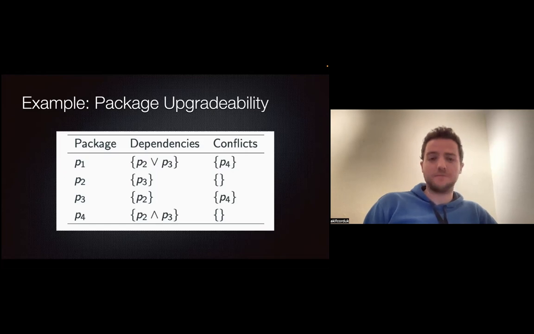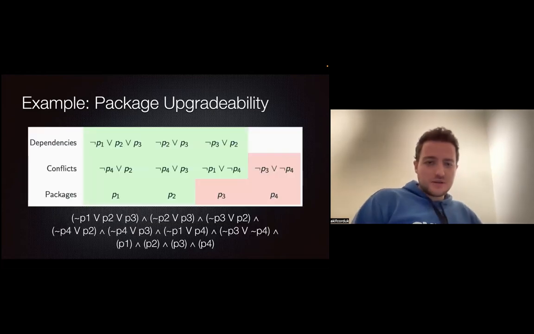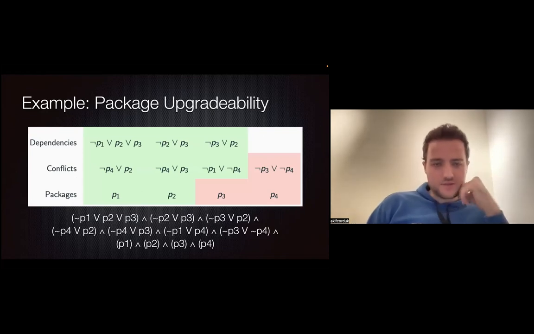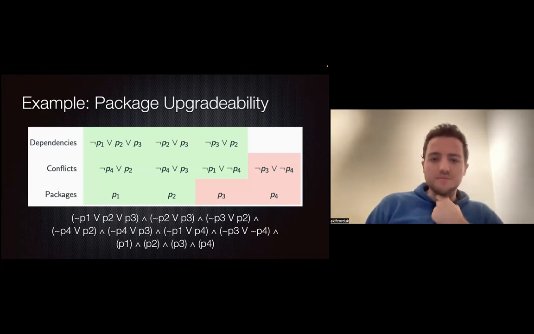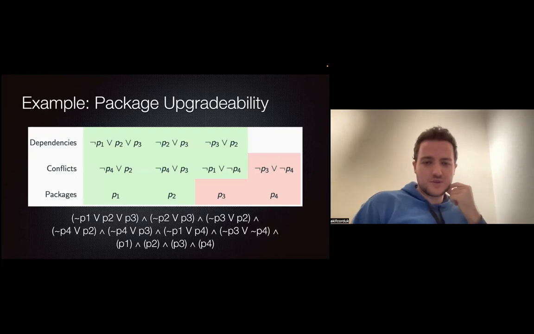If not, why? As you can see, we can divide them into different categories. First is dependency. In the dependency part, we say that in order for P1 to be installed, we need to have P2 or P3 in the system.